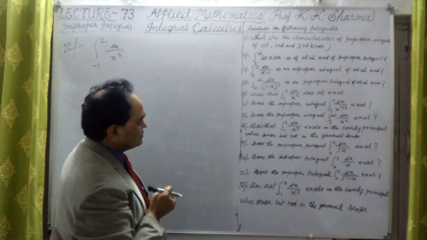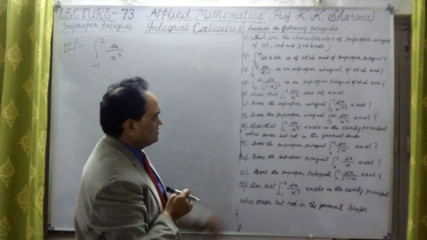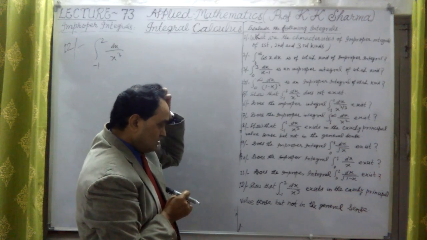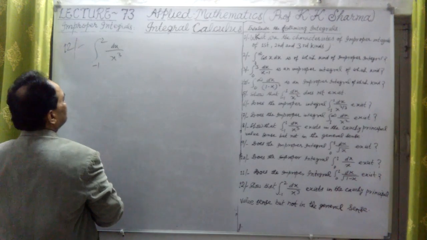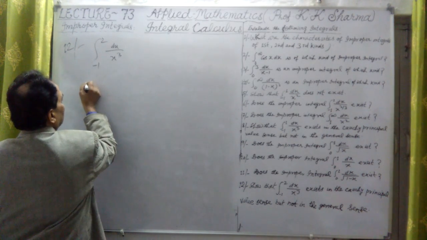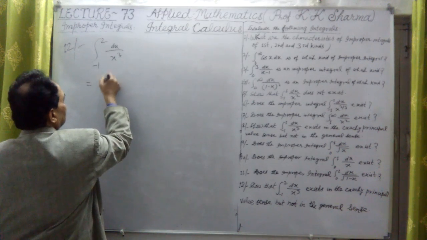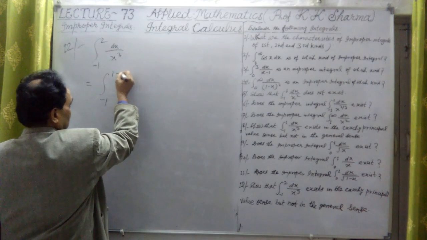We did this kind of question in the 8th question, where the limits were -1 to +1. Here the limits are -1 to 2. No problem. So let us take -1 to +1 and +1 to 2, so that can be done. Let me take the limits -1 to +1 minus epsilon.